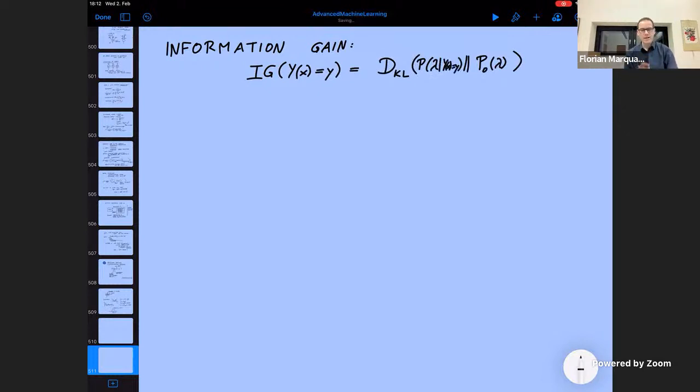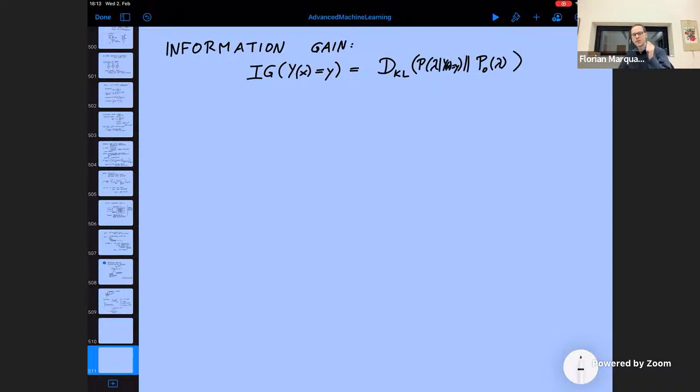Okay. Now, this is to classify what's going on and how much your probability distribution becomes sharper for a particular value of y. But before we do the measurement, and when we still have to decide which value of x to pick, of course, we do not know which value of y we will eventually get. So what we are really interested in is to calculate for any possible choice of x the expected information gain.